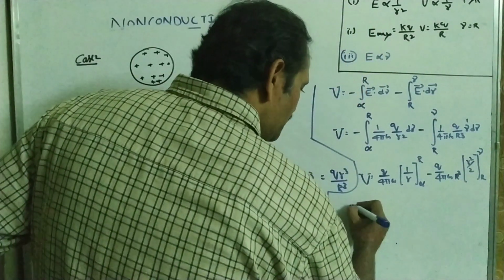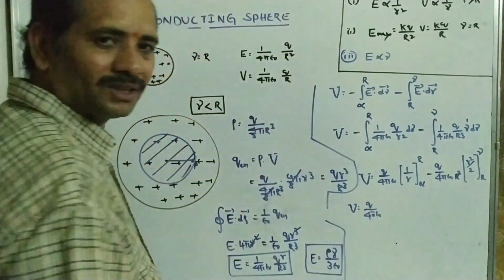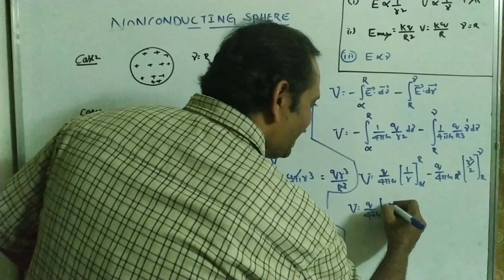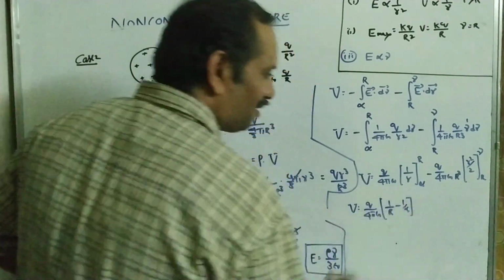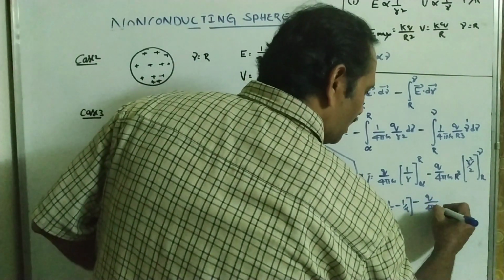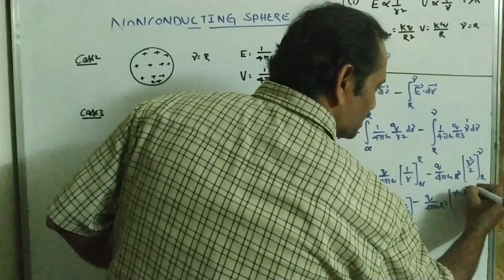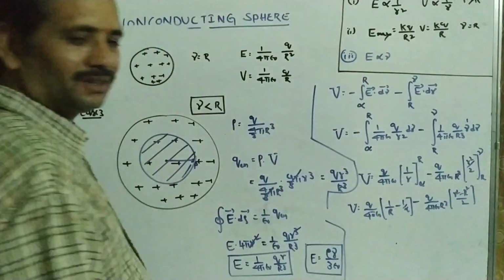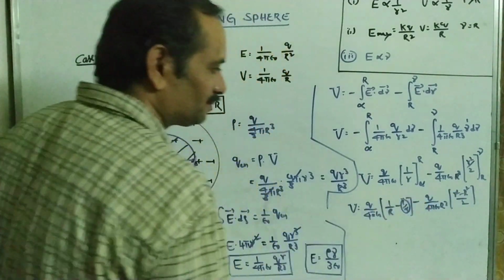Then potential equals q by 4 pi epsilon 0 into 1 by R minus 1 by infinity, minus q by 4 pi epsilon 0 R cube into small r square minus capital R square by 2. If I do the integrations, 1 by infinity I am getting 0.